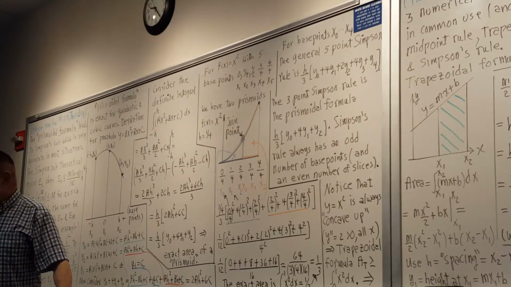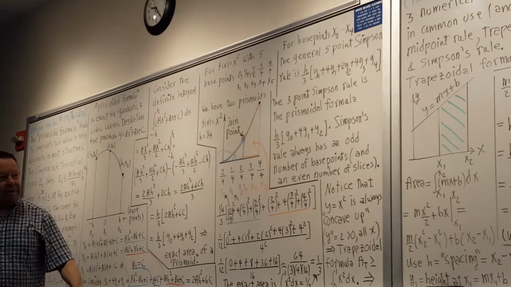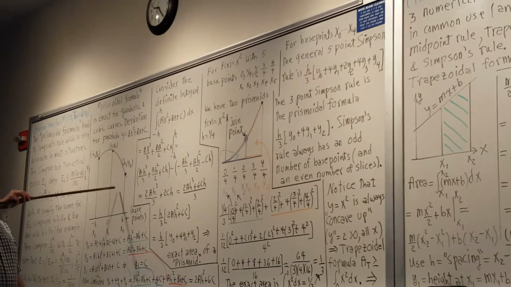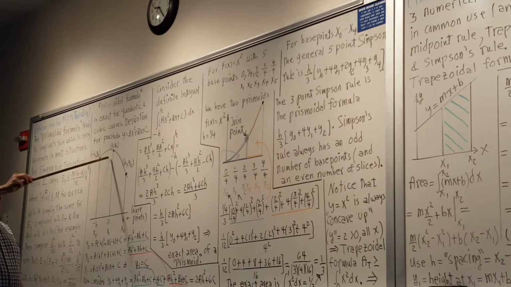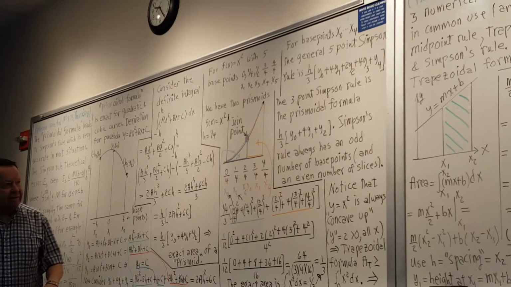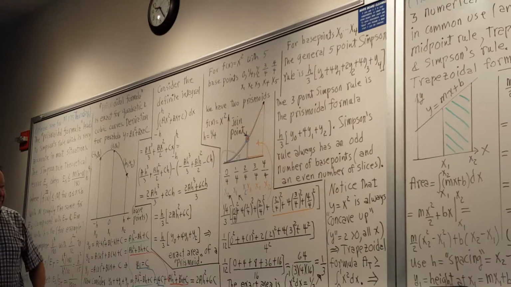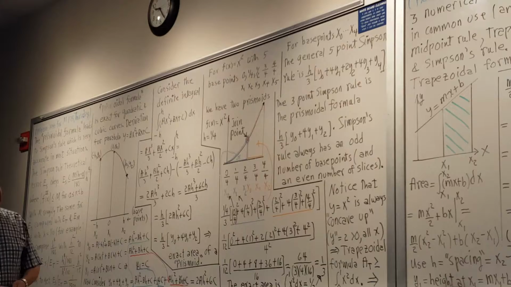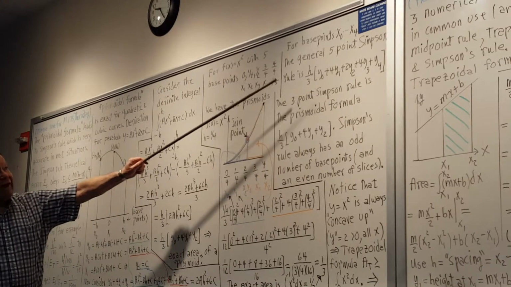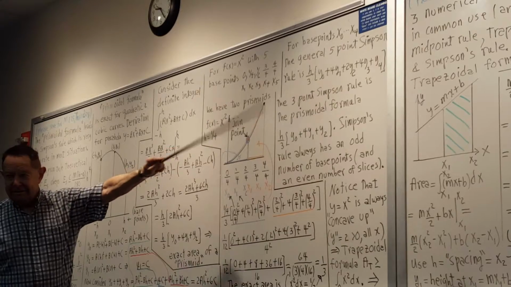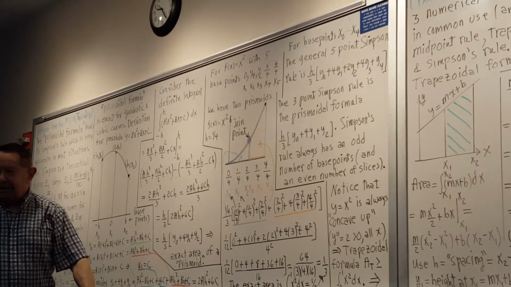And it's always going to be an odd number of base points and an even number, you see, of divisions for each prismoid like this. So it's either 3-point Simpson rule, which is this, the prismoidal formula, or next is a 5-point Simpson rule, which is that, and then there'd be a 7 and a 9 and so on.